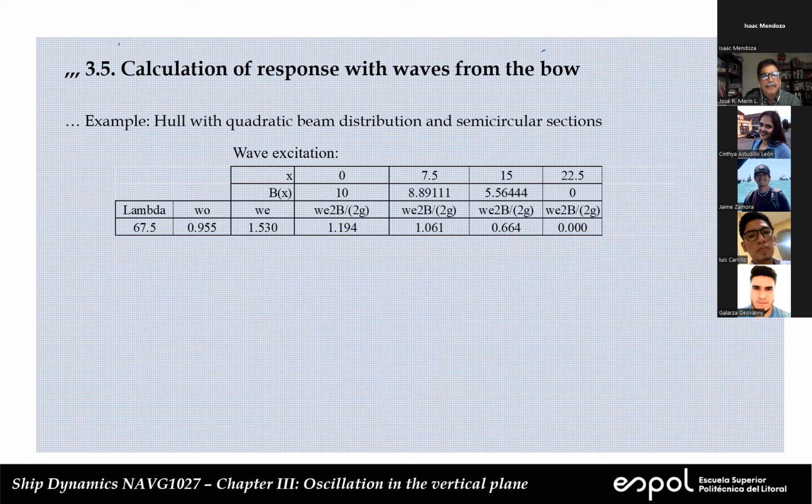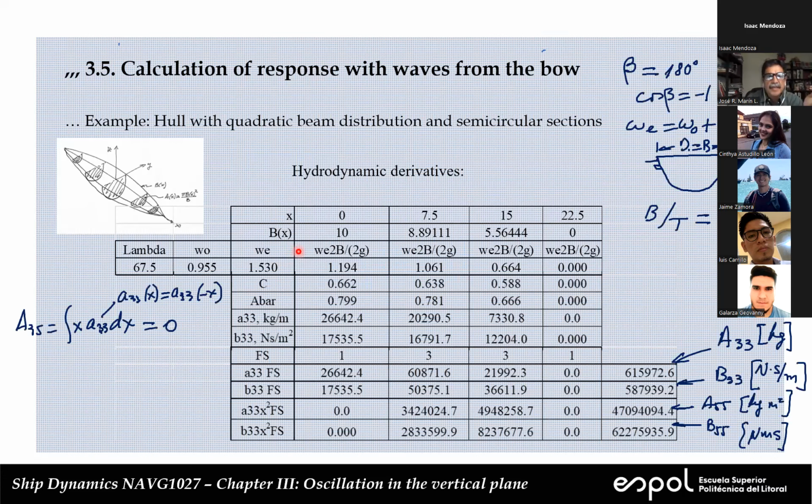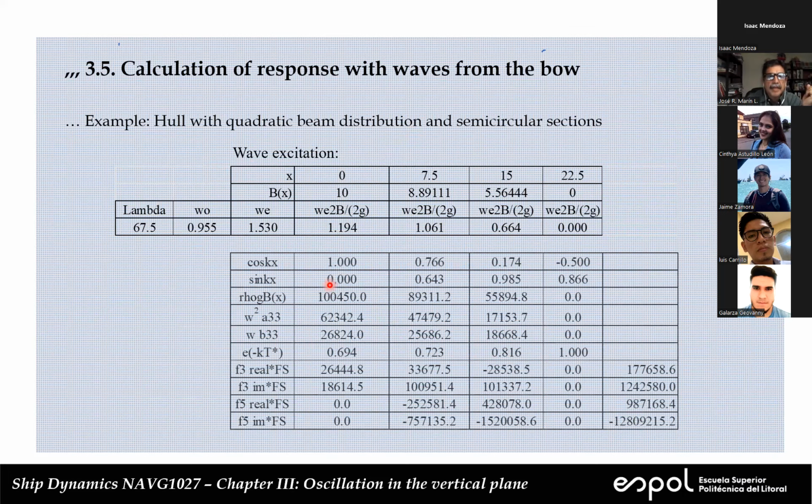So for the wave excitation, the first part of the table is the same. Here I have the A33 and B33. I didn't have enough space, so I need this part here. Then I have to evaluate cosine and sine of kx. Remember that this x is changing, so these terms are changing too.